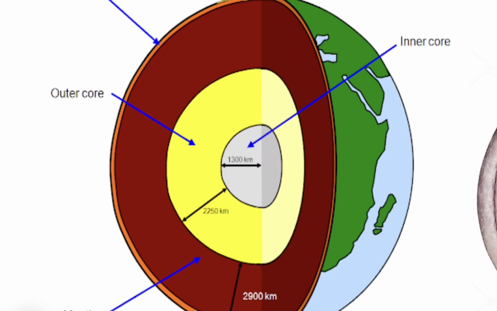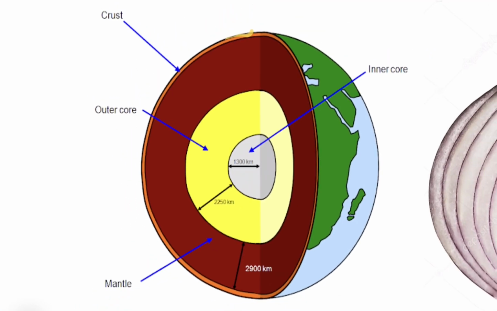The first one is crust. This crust is the first outermost layer of the earth, and this is the layer where the landforms exist, where all the continents and oceans lie. Then the second layer is mantle, beneath the crust.